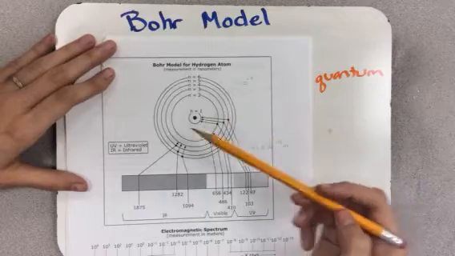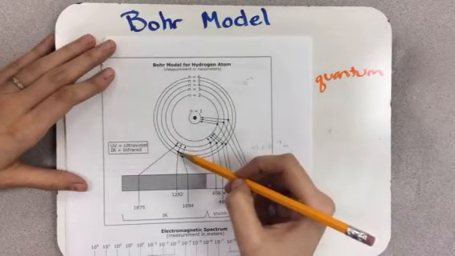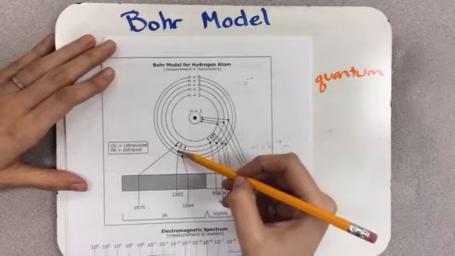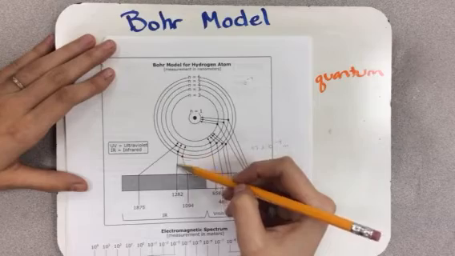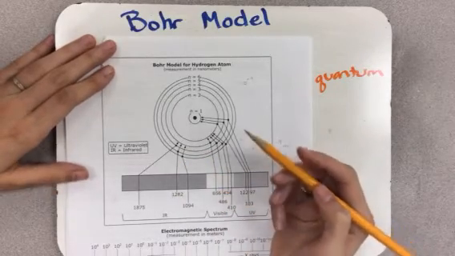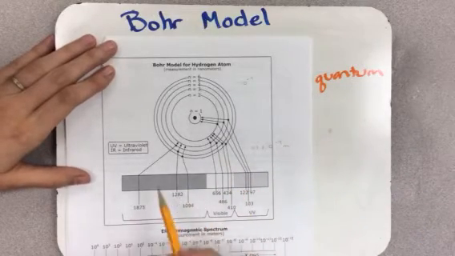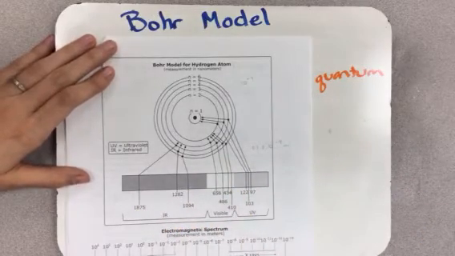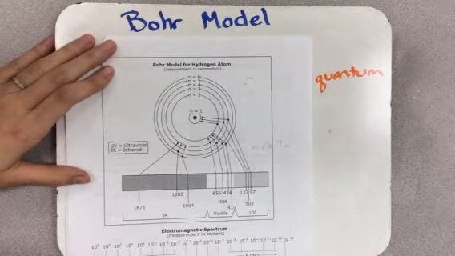Now, what if the electron went from n equals 5 to n equals 3? The wavelength of light that it is releasing is 1,282 nanometers. So now we have very different numbers, but using these nanometers, we can determine some additional things. We can determine the frequency.